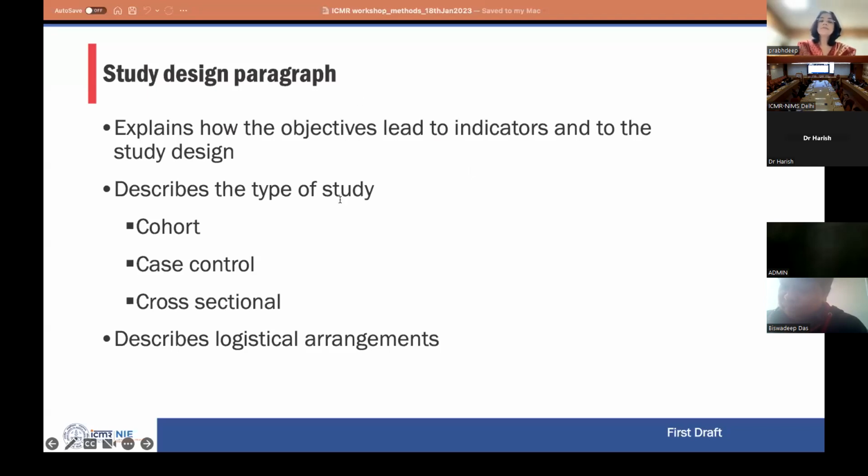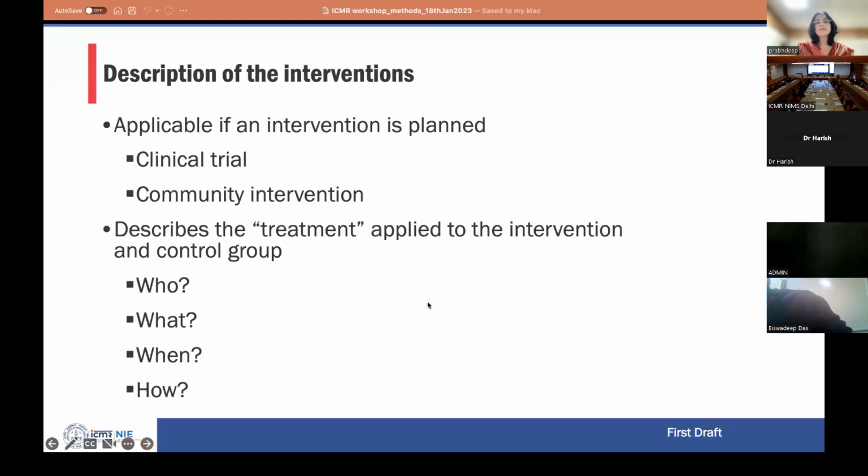So once you have thought through what your question is, you need to align to what kind of design you are going to do. Now coming to the next section of your method. Quite often people do interventions. It could be a clinical trial, or it could be a community-based intervention. When you want to describe it in your methods section, if it's an RCT, there are pretty standard guidelines on how the method section of an RCT should be written, in terms of identifying the treatment group, control group, and so on.